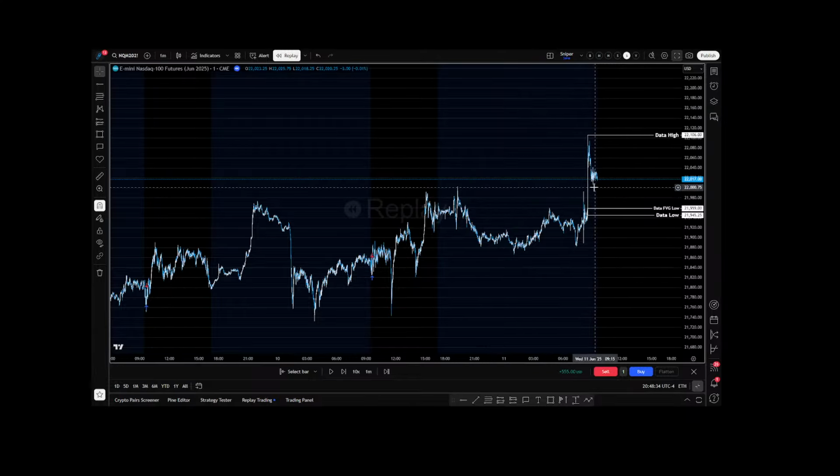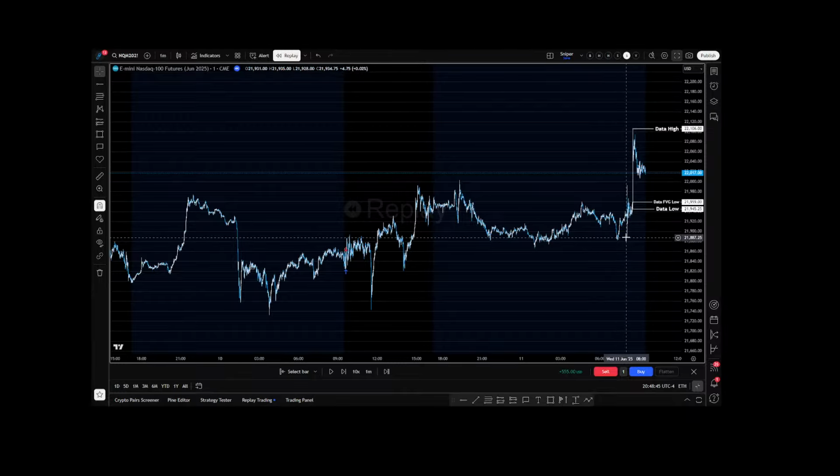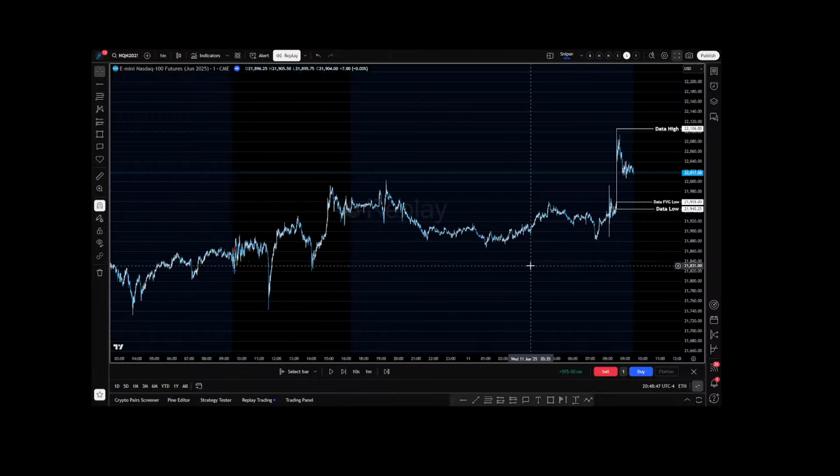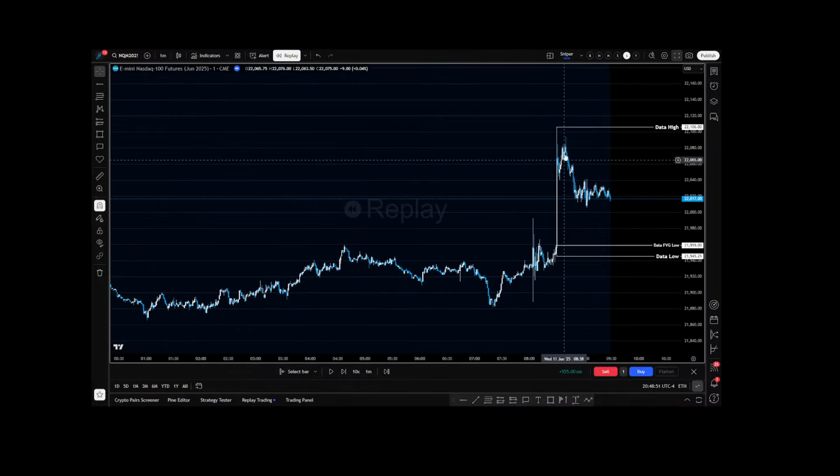All right, so obviously, a ton of buy side has been swept. We are above Tuesday's high, Monday's high, right? This is the highest price has been this week so far. Some clear sell side liquidity down here, right? And obviously with a news reaction that is just straight up, very rarely will this continue.